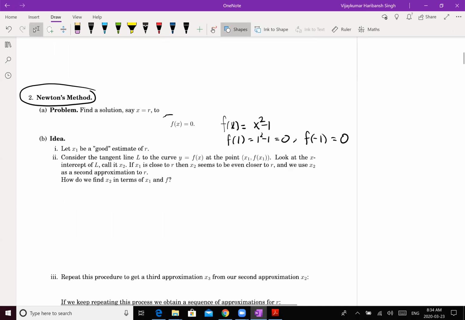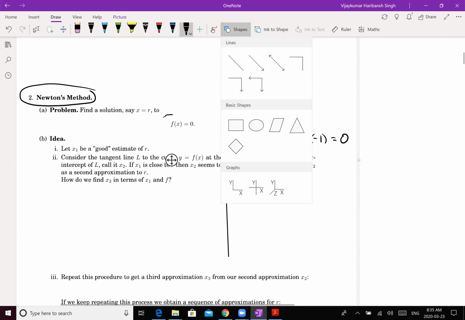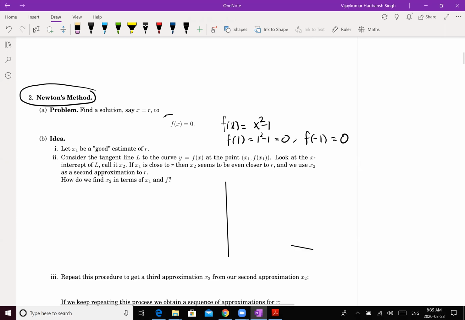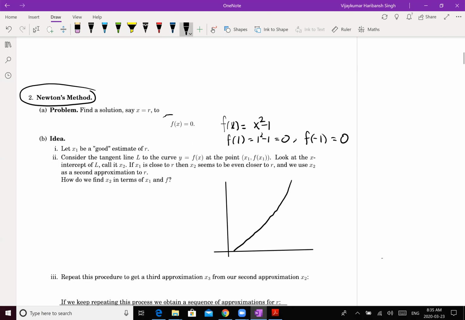Suppose you have a function like this, say y equals f of x, and what you really want is the zero.